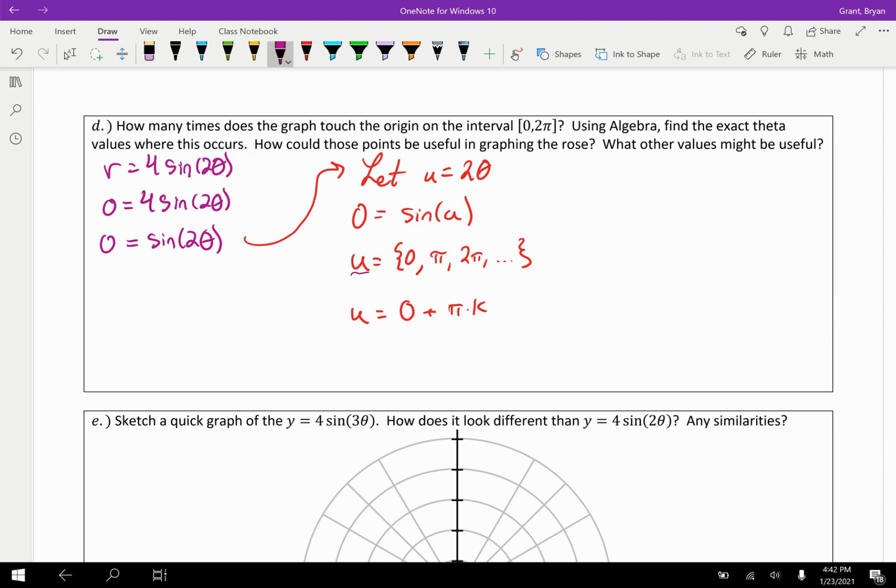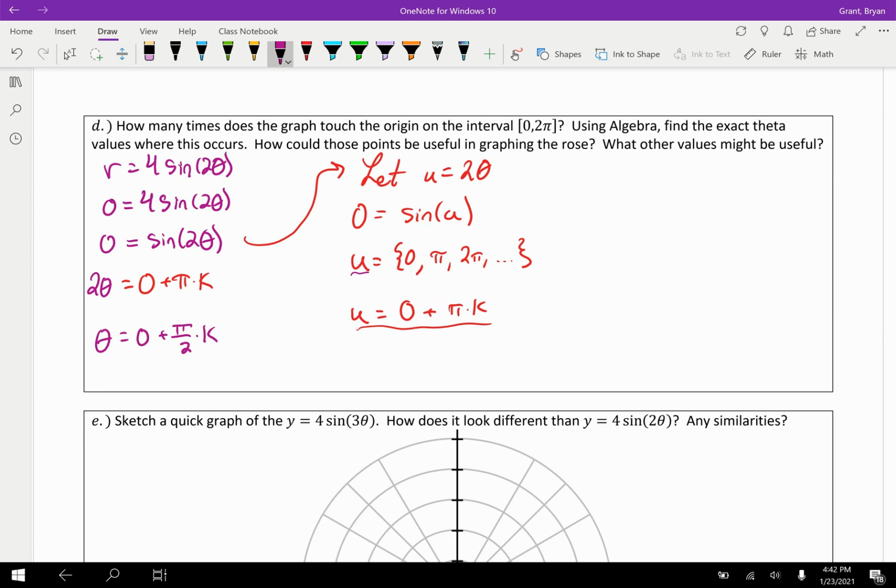So now we're going to take this u, replace it with 2 theta, then I'll show the rest in red. And we're actually going to use this guy down here, 0 plus pi k, and finish solving for theta. Divide everything by 2. 0 divided by 2 is 0. Pi divided by 2 is pi over 2 with the k tagging along.